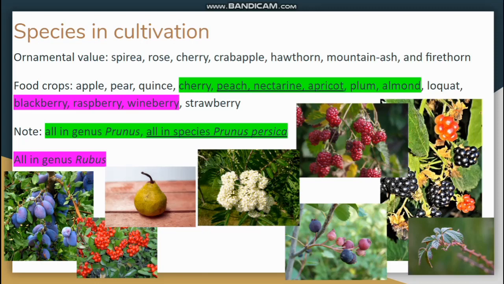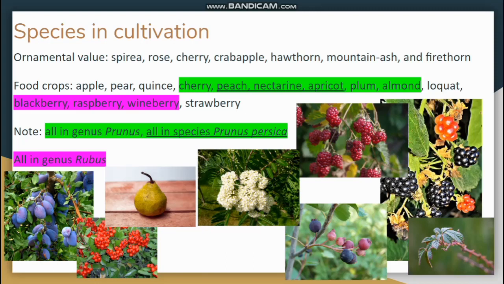Some fun stuff on how to propagate some of these things, because with a lot of these species, the way to propagate a particular trait you like is not to use seeds, because seeds are genetic remixes, so you may not get the characteristics you want.